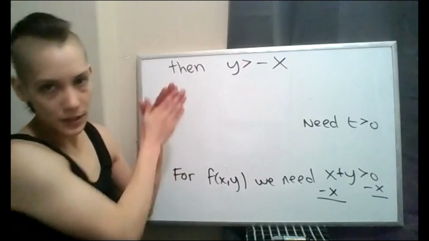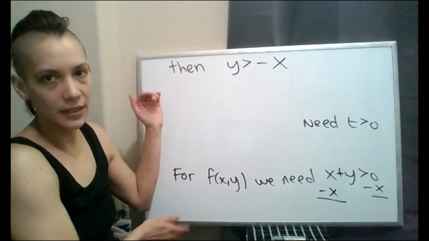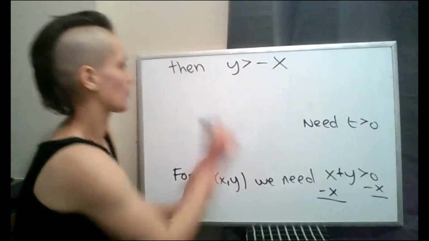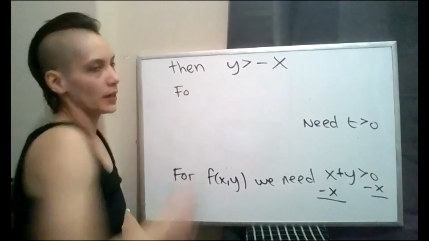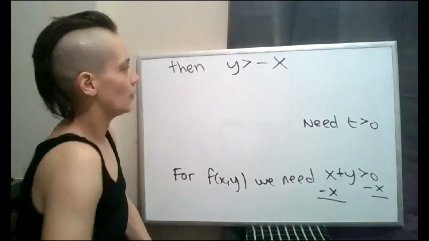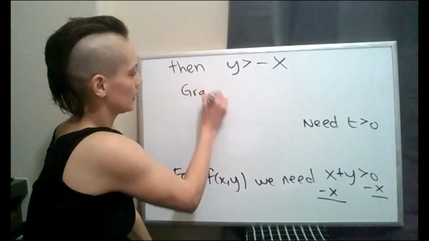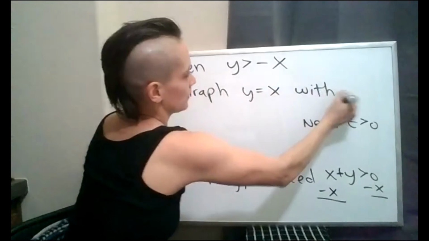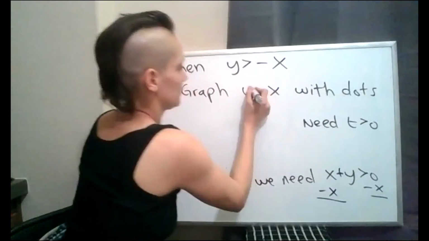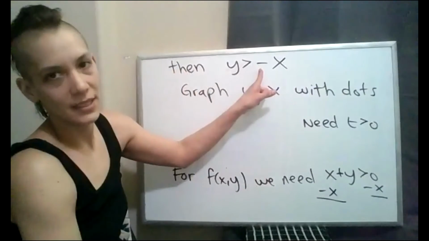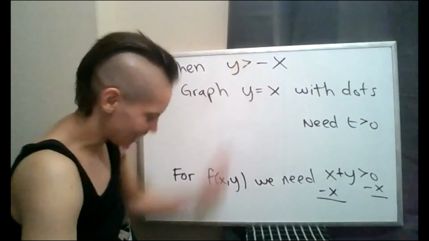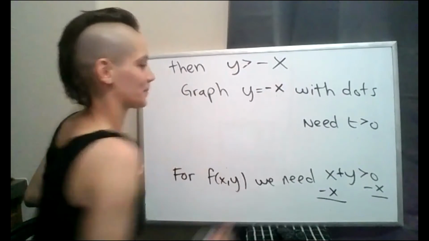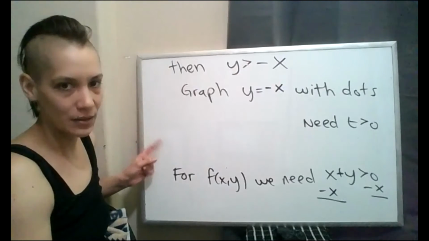Now we're back to those instructions I gave you earlier. We're going to pretend this is an equal sign, or graph y equals negative x with dots. Oh, did it last time. Negative x, it's a negative sign. Once we get that down, we'll test a point.